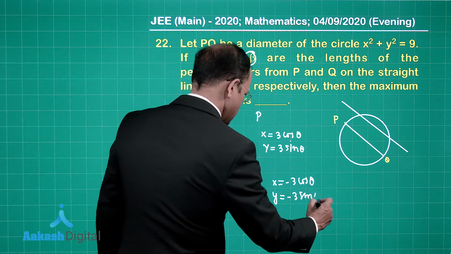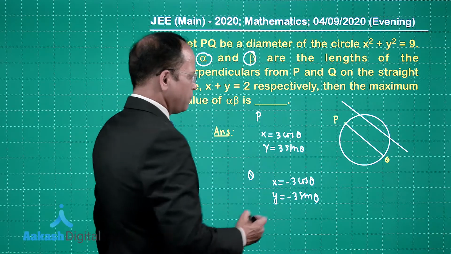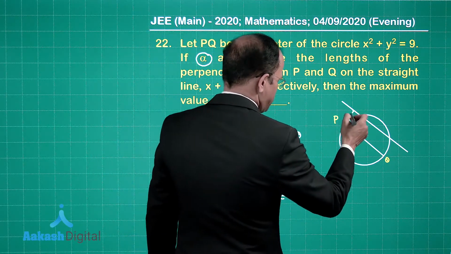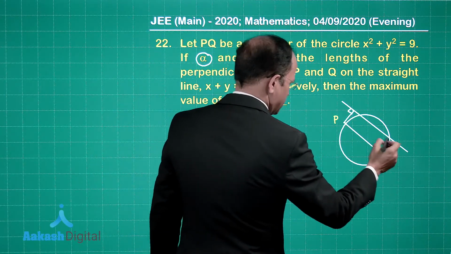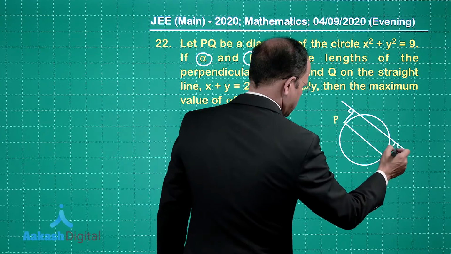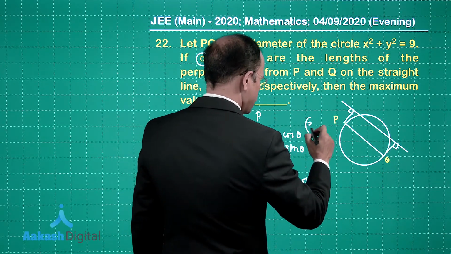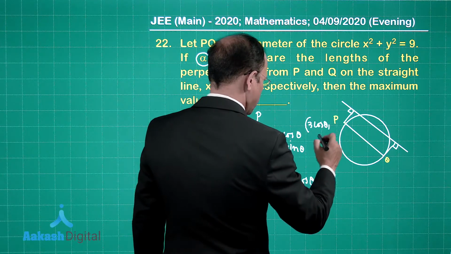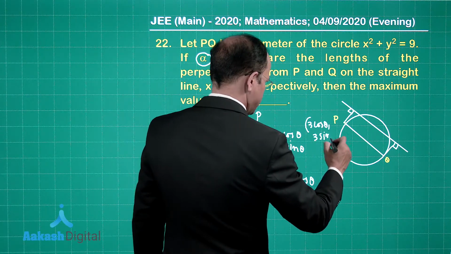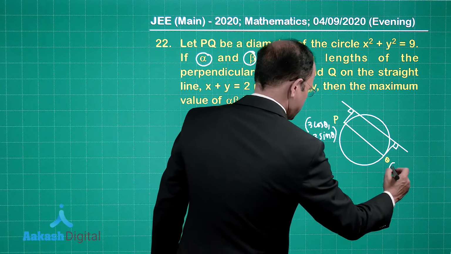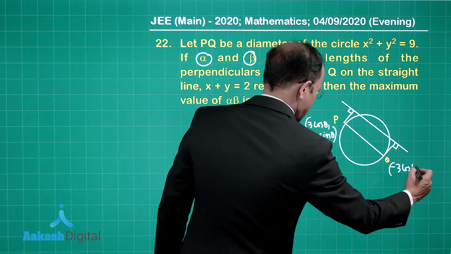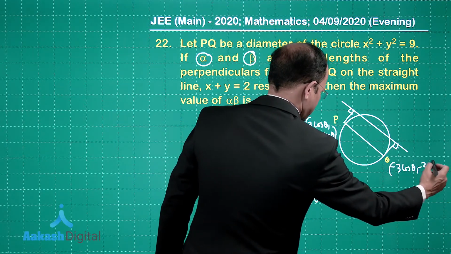Can you see that? These are the 2 points we have. Now this is the perpendicular I am talking about, right? So P is coming out to be 3 cos theta comma 3 sin theta, right? And Q is nothing but minus 3 cos theta, minus 3 sin theta.